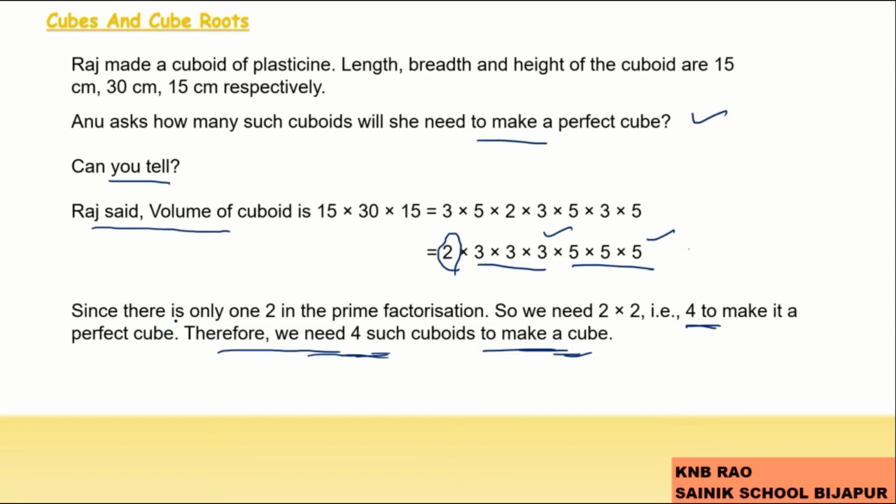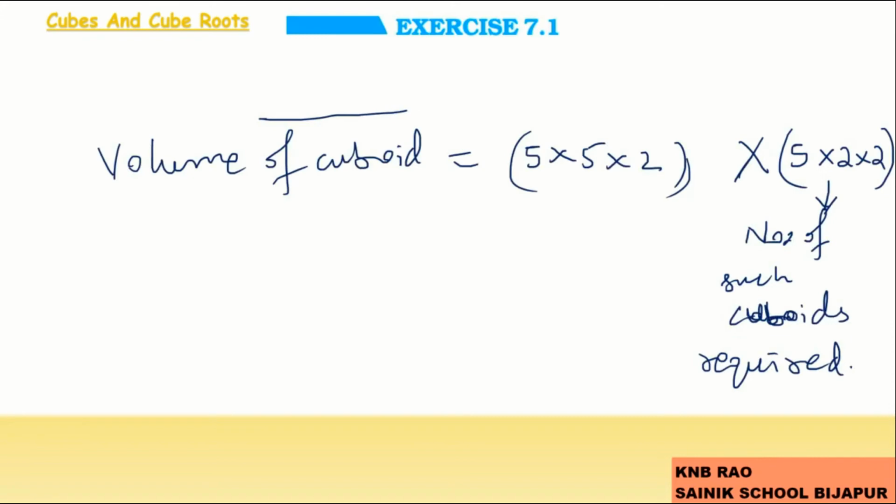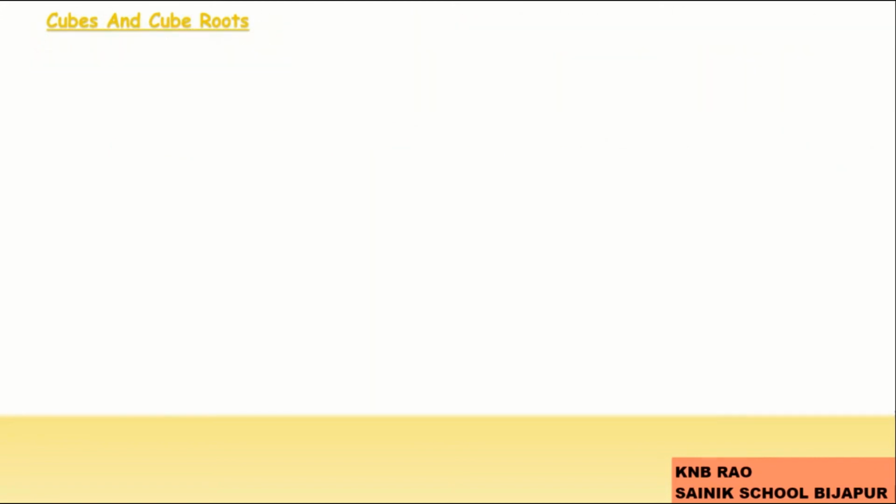Then, since there is only 1 time 5 and 2 times of 2... in the prime factorization we need 5 into 2 into 2, that is 20 to make it a perfect cube. Therefore, we need 20 such cuboids to make a cube. These working steps are to be written for this question. Okay. So, we shall write the solution.